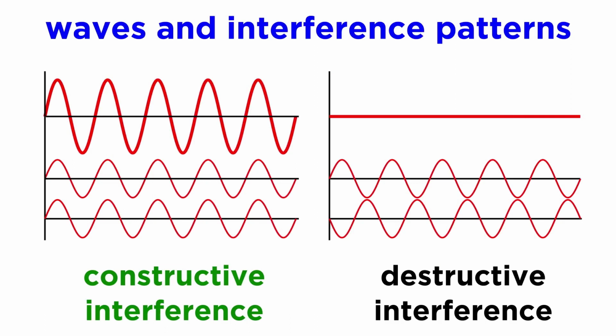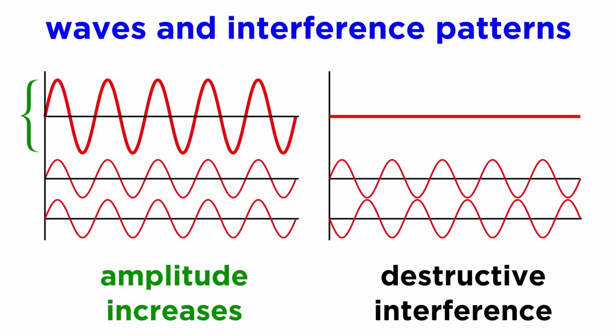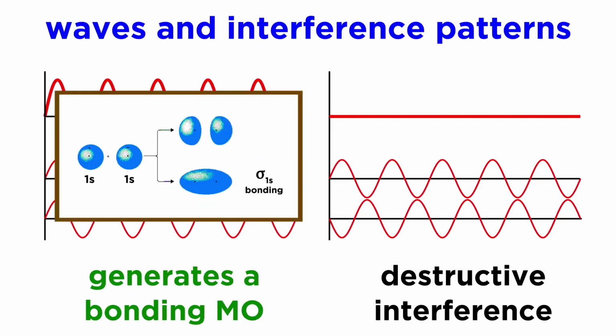there can be constructive interference, where the peaks line up with the other peaks. This causes the amplitude to increase, which results in a bonding molecular orbital, like the sigma s orbital. Most of the electron density is between the nuclei, which strengthens the bond.